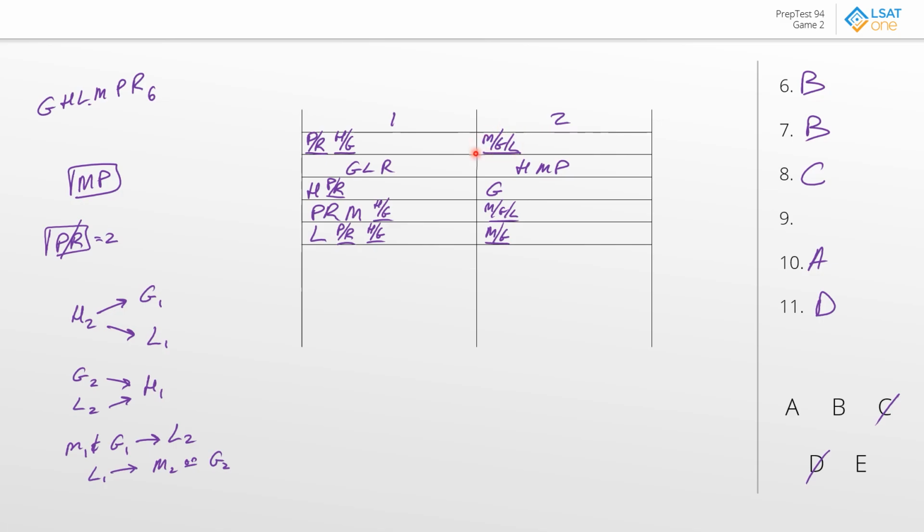We know that we have to have an M, G, or an L. So we can get rid of any answer choice that is not M, G, or L, because if anybody else was going to go into number 2, they would have to go with this, whoever this is, right? So they would never be there alone. So we can get rid of answer choice A, and we can get rid of answer choice E. There we go, because R could not be there alone. So best answer to question number 9 then becomes B.